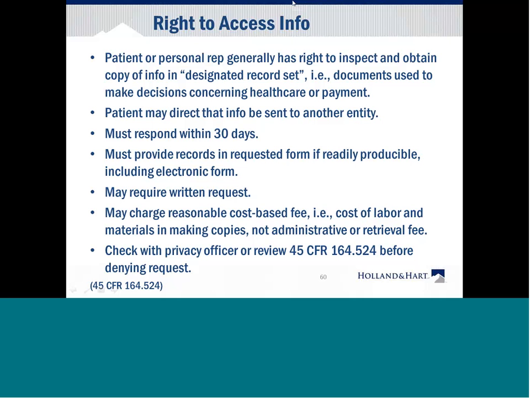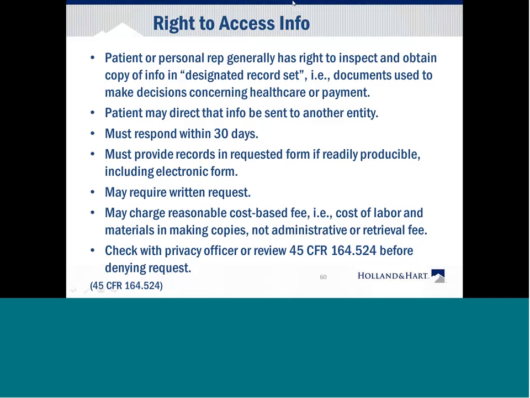That cost-based fee is the cost of labor and the materials of making copies. You can't charge them some kind of additional administrative or processing fee, particularly if it's going to discourage them from getting that care. You can only charge a reasonable cost-based fee, meaning the cost of labor and materials in making the copies. So if they want it on a DVD or a USB, you can charge them for the cost of that DVD or USB.